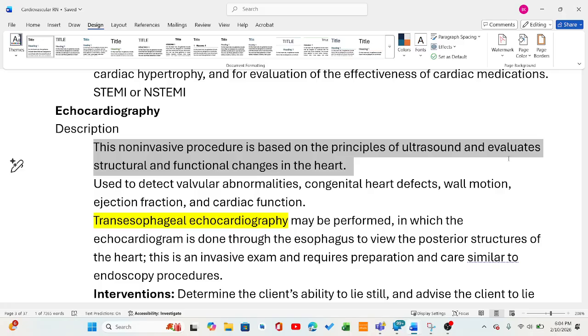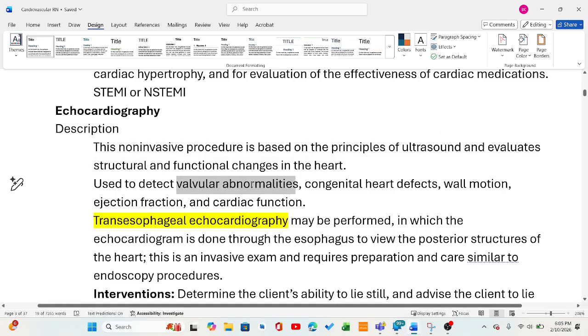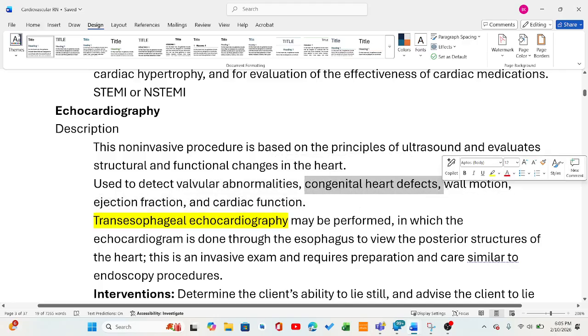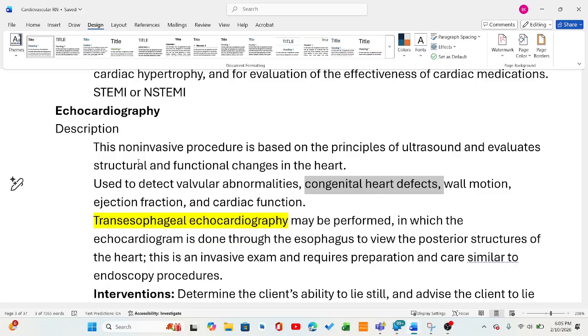Usually, if there's any structural changes in the heart, especially as blood is flowing, the kind of sound that they'll be producing, the echo can pick it up, and then the doctor will say, it looks like we have valve problems, or we have congenital heart disease, or let's say there's a hole in the heart. So it's just looking at the sound that is being produced when you have the blood flowing through the heart. The echo will pick it up and then they will start suspecting.